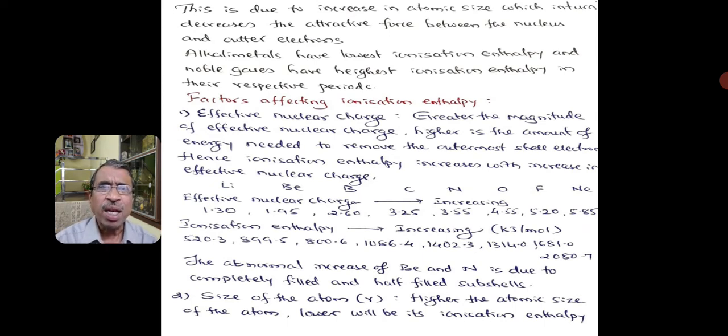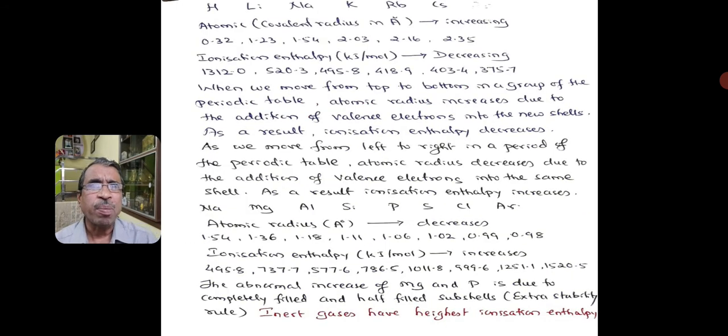Coming to the second one, the size of the atom, that is atomic radius. Higher the atomic size of the atom, lower will be its ionization enthalpy.